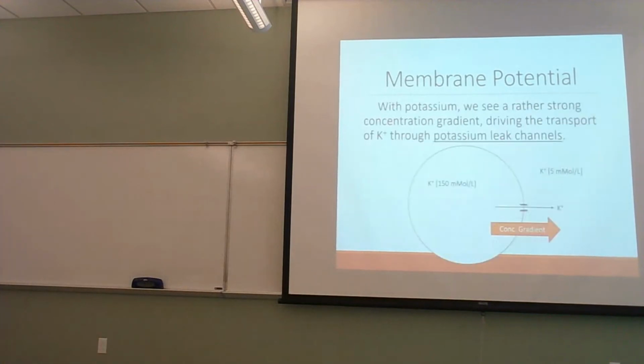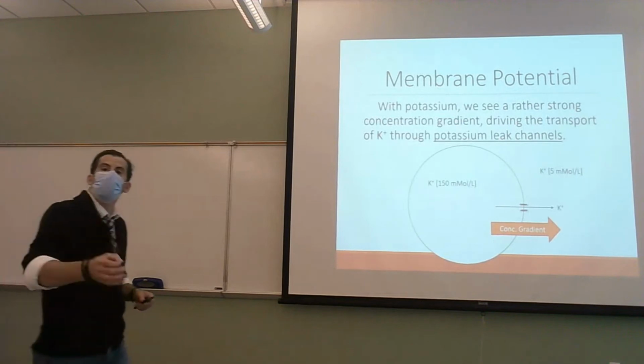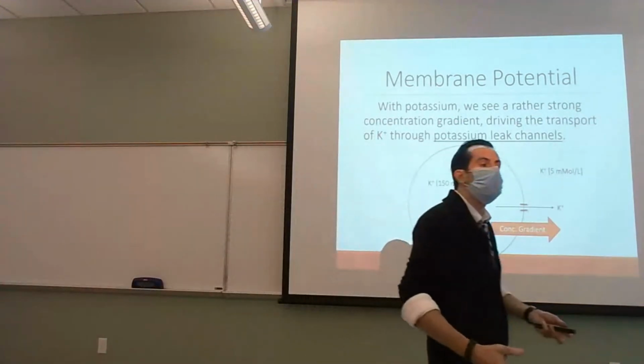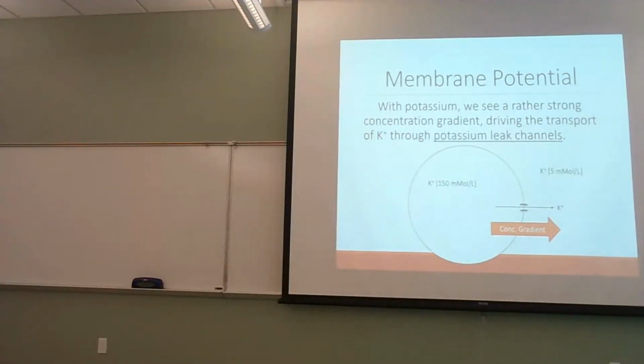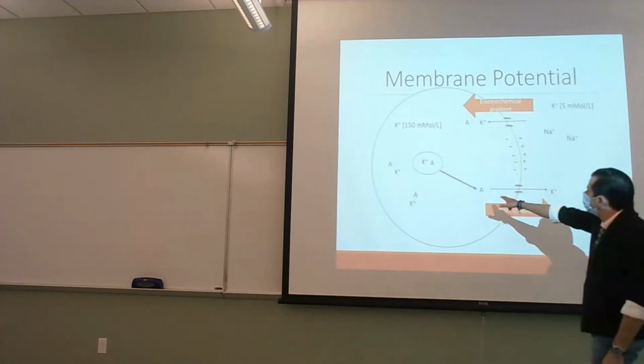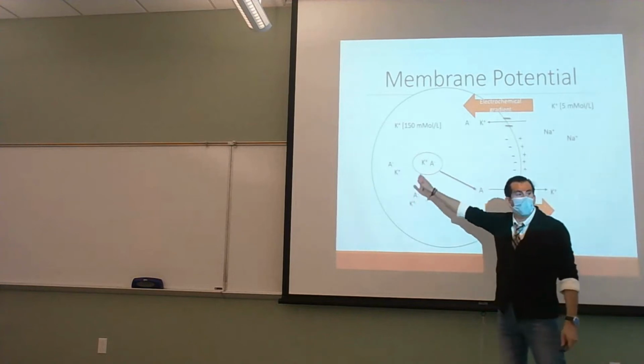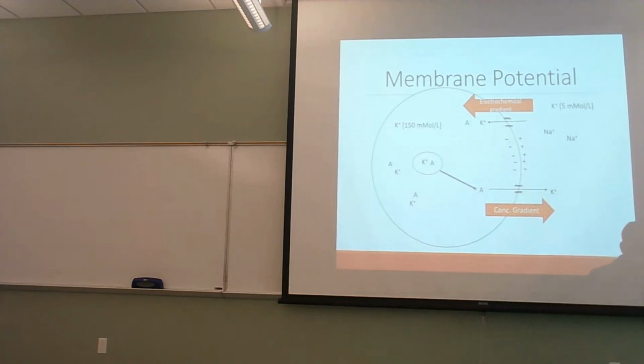Now, what sort of relationship do we see between positive and negative ions? What do they like to do for each other? They attract each other. Remember our ionic bonding. We had negative ions in here paired up with the potassium, right?